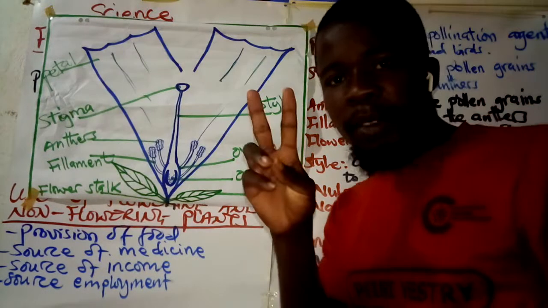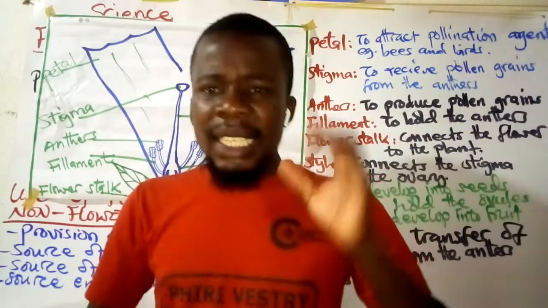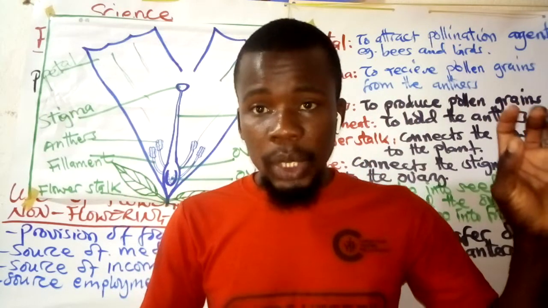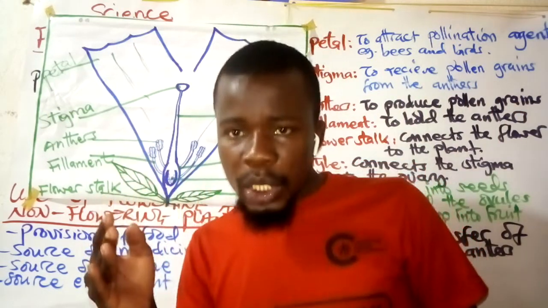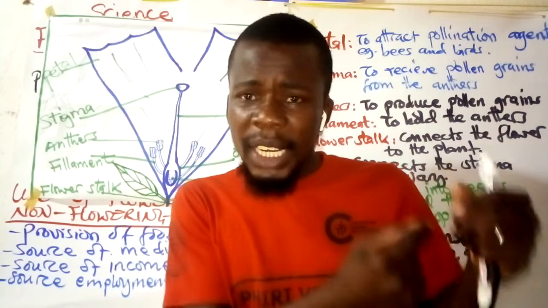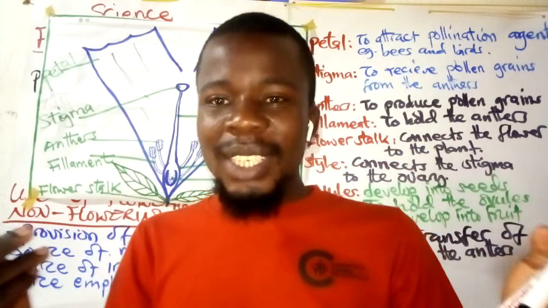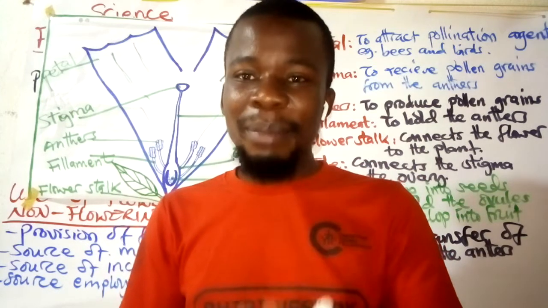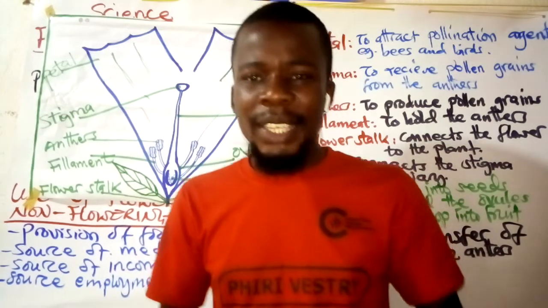We have got two types of pollination: self-pollination and cross-pollination. I know you remember. What is self-pollination?